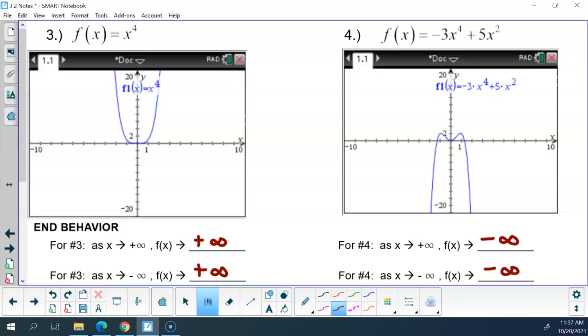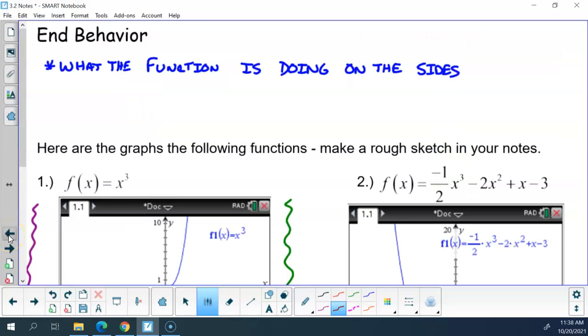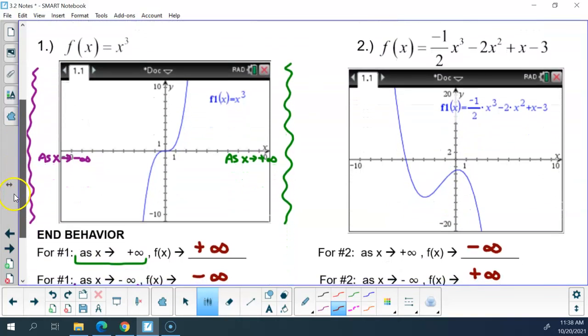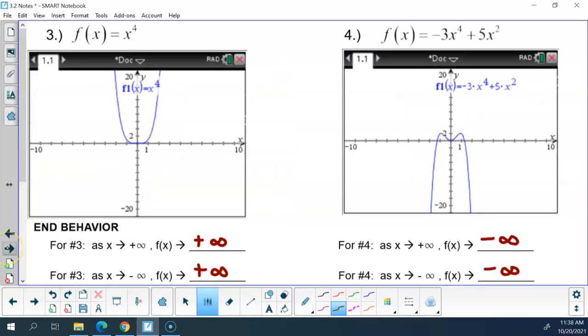Odd degree, opposite. One goes up, one goes down. Okay? Anything more to the pattern? I'll go back a slide too. Anything more to the pattern? Kaylee?